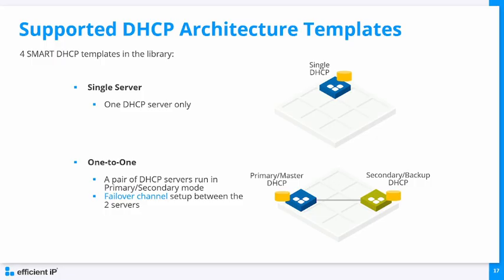So that is a high availability architecture for DHCP, one-to-one. The template does it for you. You just have to add the DHCP server to the template as a member and assign the role, primary or secondary. So that is the one-to-one architecture.